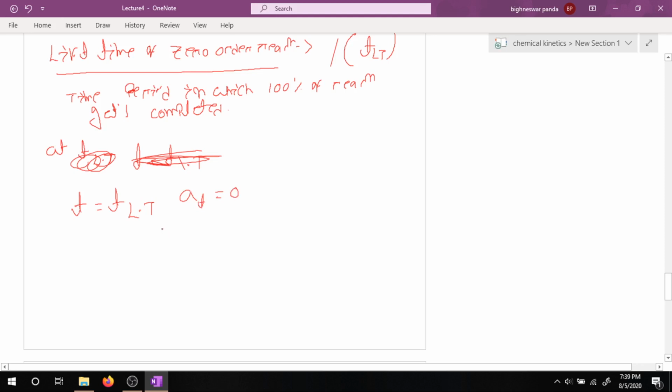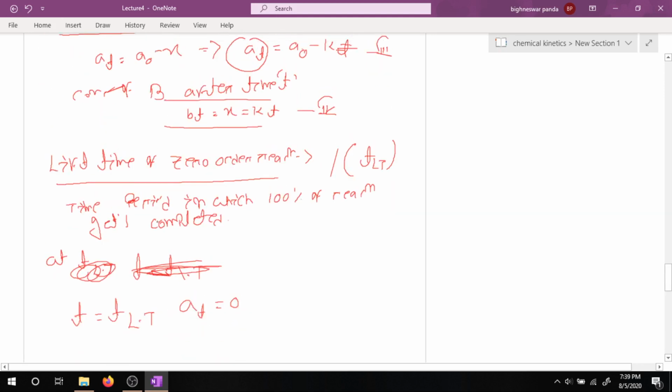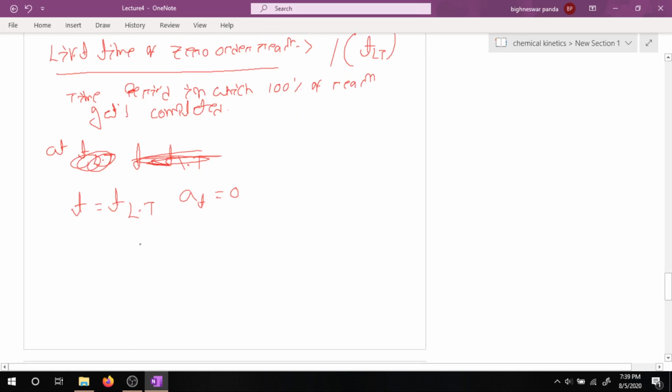From equation 3, At is equal to A naught minus Kt. As At is equal to 0, I have A naught minus KTLT is equal to 0, so A naught is equal to KTLT. Why TLT? When At is equal to 0, I have t is equal to TLT.